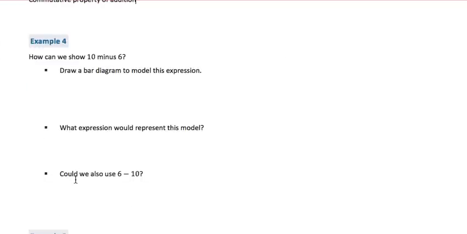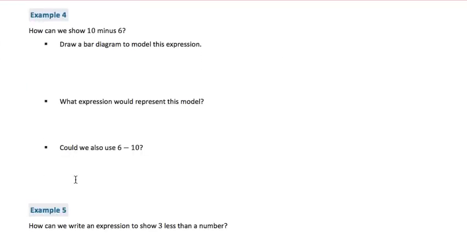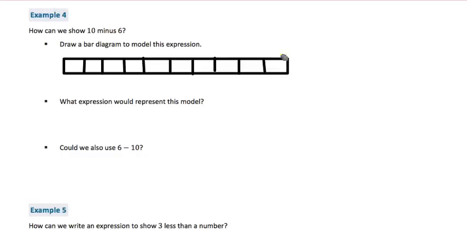Now example 4 asks us something a little different. How can we show 10 minus 6? And they're asking for a bar diagram, so we'll put 10 in our bar diagram. And then if we shade out 6 pieces from our 10, that would show 10 minus 6.